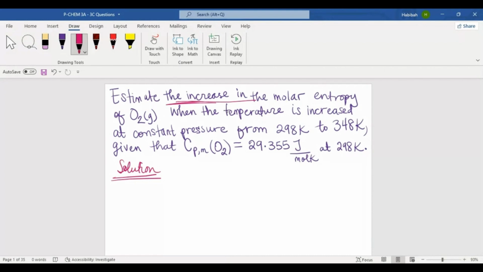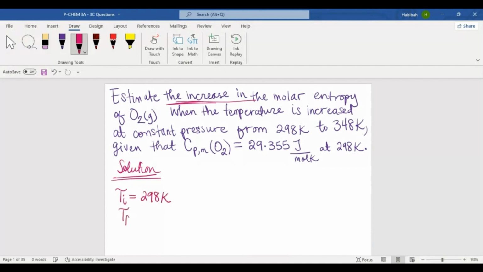So we're dealing with a question where there's a temperature increase at constant pressure. The pressure is constant all through, but we have an initial temperature and a final temperature. The initial temperature for this entropy question is 298 kelvins, and then we're told it increases to 348 kelvins.